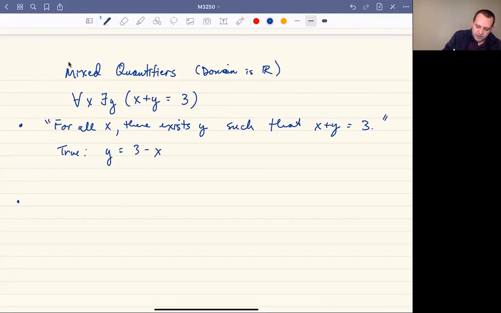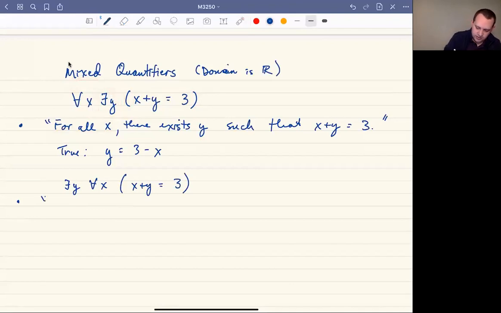The second version of this is going to be the opposite. Well, x plus y is the same as y plus x, so switching x and y is silly, but just to put the there exists statement first, we want to consider the statement that there exists a y such that for all x, we have x plus y equals 3.